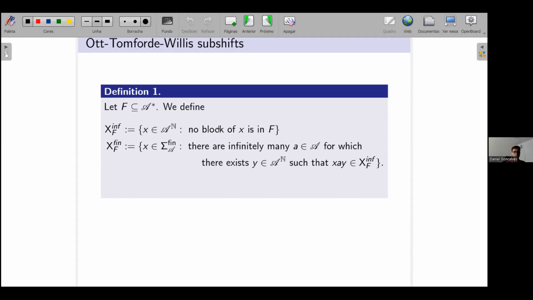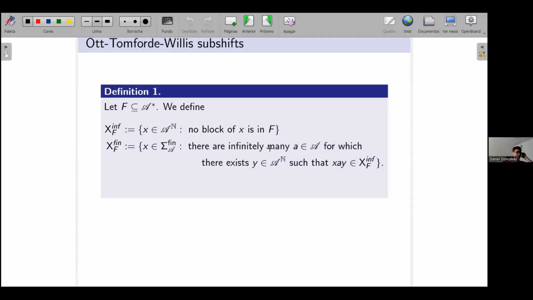But then I wonder which finite sequences I should add. The idea is that you're really taking the closure of these infinite sequences inside the Ott-Tomforde-Willis topology. So you take all the finite sequences that you can extend, that is, you can follow by an infinite sequence in your shift.